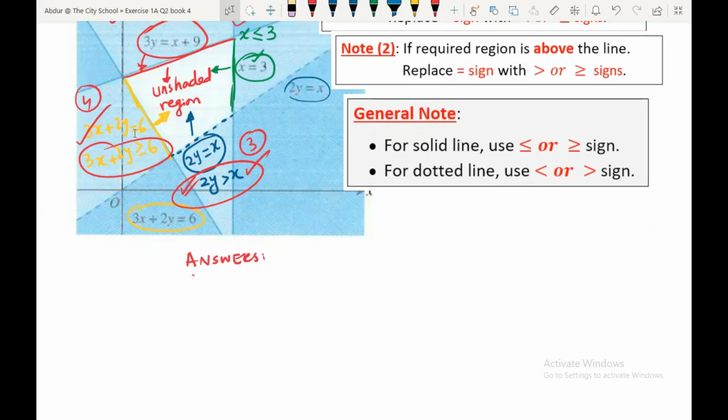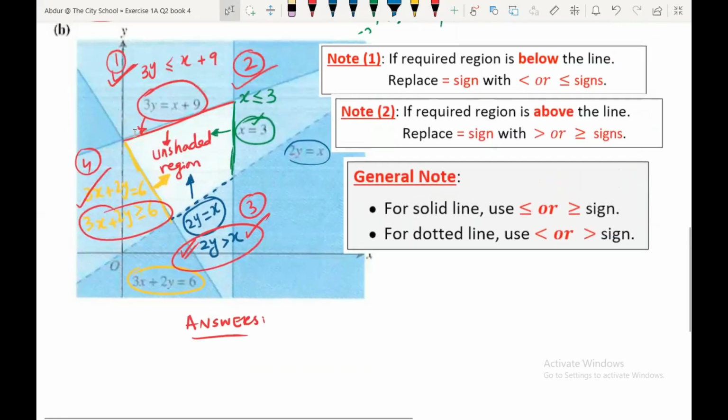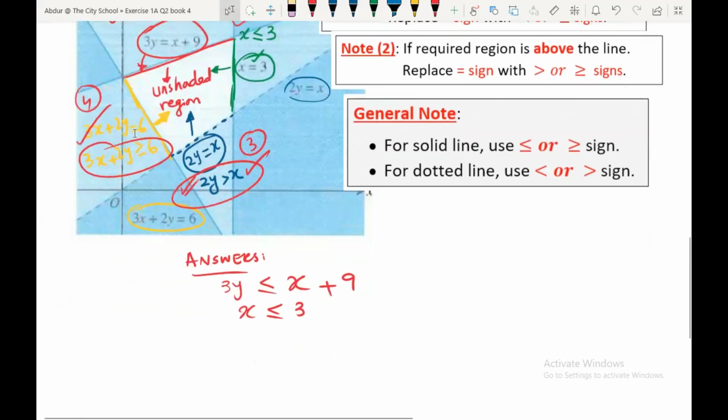Answers will be, write down one by one all the inequalities. 3y less than or equal to x plus 9. And the next inequality is x is less than or equal to 3. And the third one is 2y is greater than x.